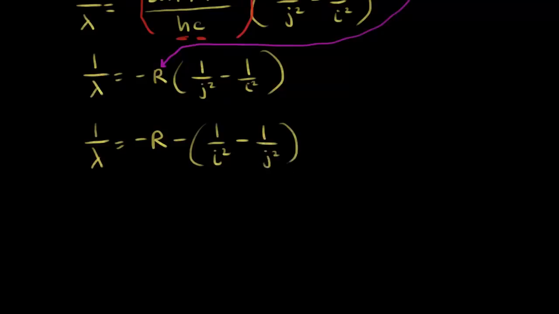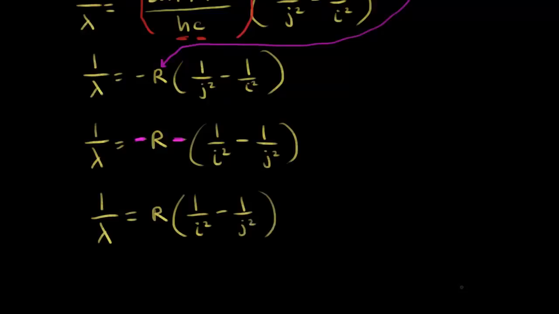And so now we have these two negative signs out here, which gives us a positive. So 1 over the wavelength is equal to positive R, the Rydberg constant, times 1 over i squared minus 1 over j squared.